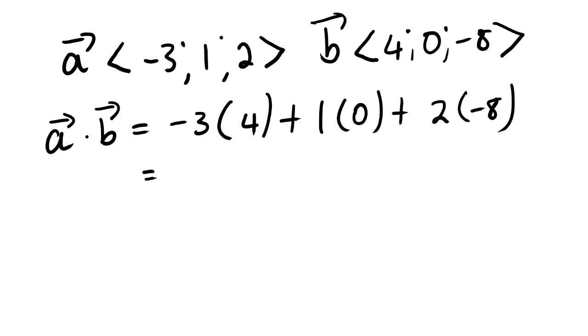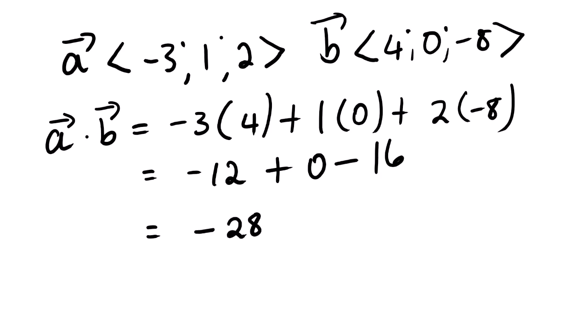So negative 3 multiplied by 4, we have negative 12, 0, and negative 16. Let us just simplify this. We get negative 28.